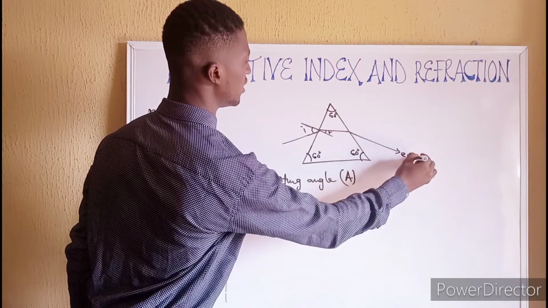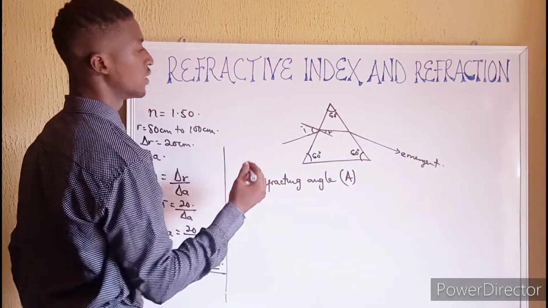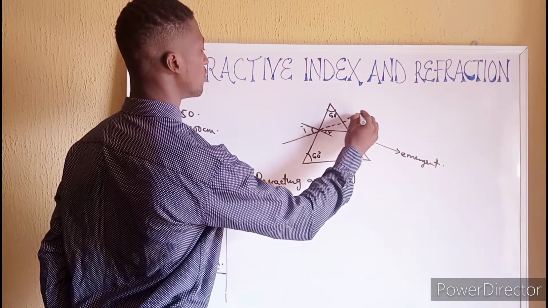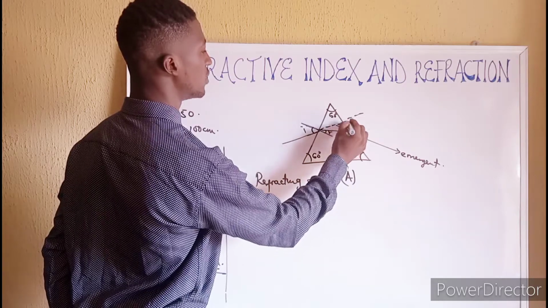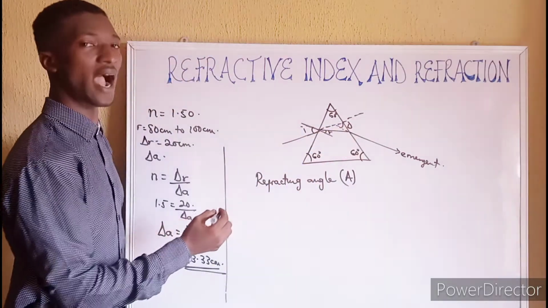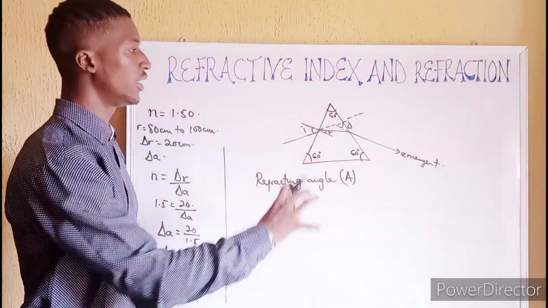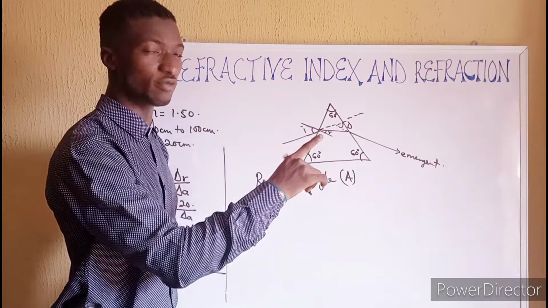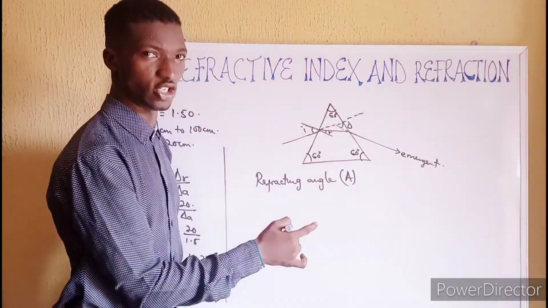Now between the incident ray and the emergent ray, there is an angle that is formed. This angle is called the angle of deviation. The deviation is the change in the direction of the ray of light. Change from the incident ray to the direction of the emergent ray is called the deviation.